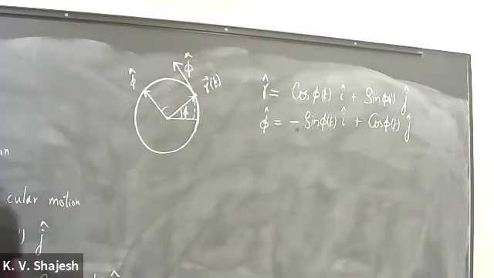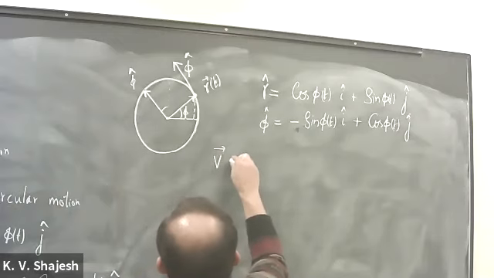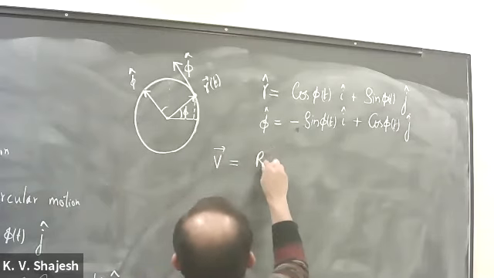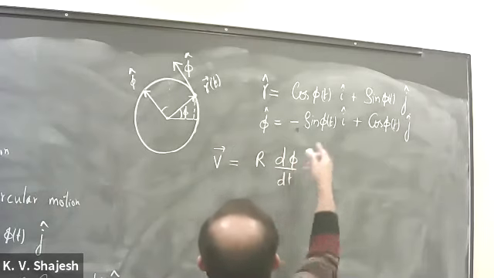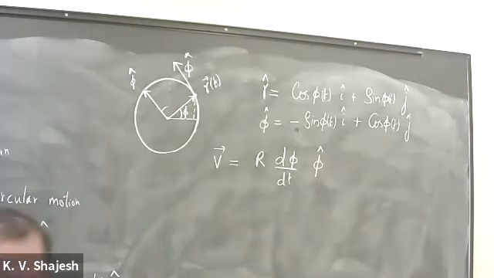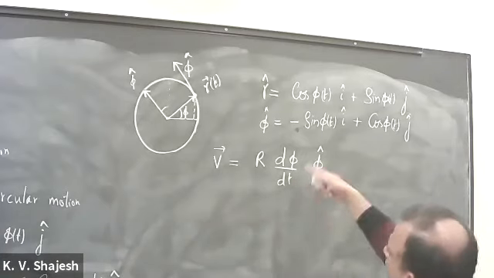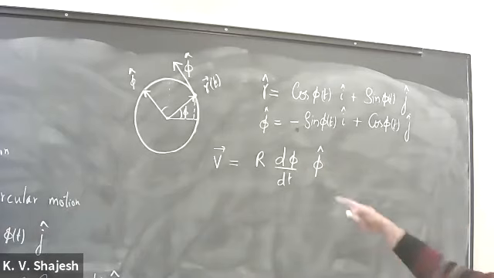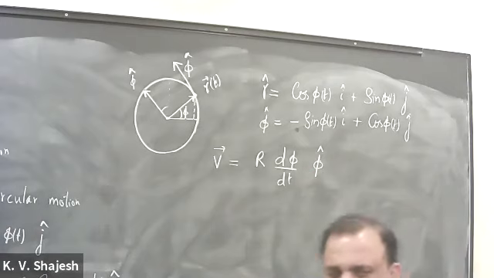So now if I go back, there was a question just now that velocity was equal to R times d phi by dt, times phi hat. That's your velocity, and again, direction is phi hat. But what is d phi by dt? That's the change in angle phi as a function of time. Now comes the uniform part of this.